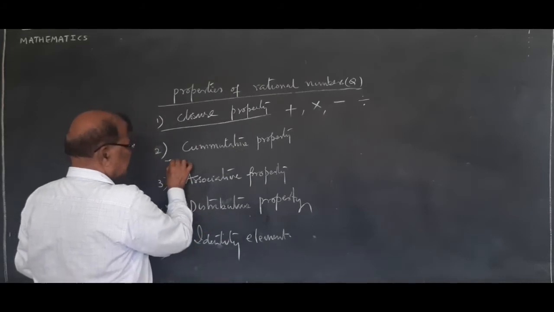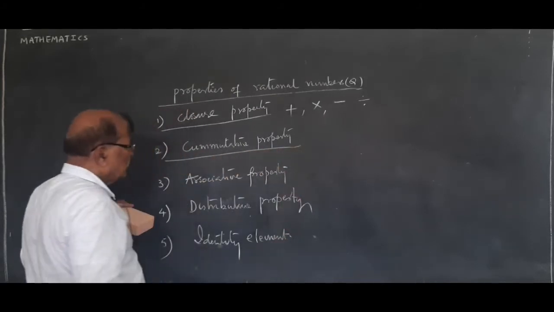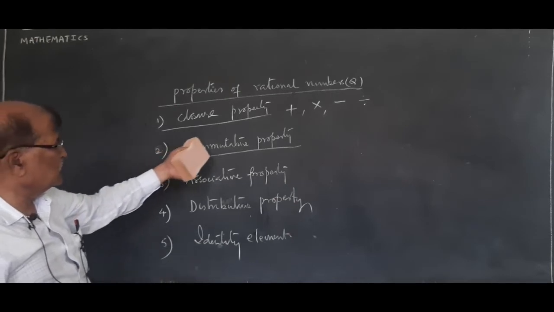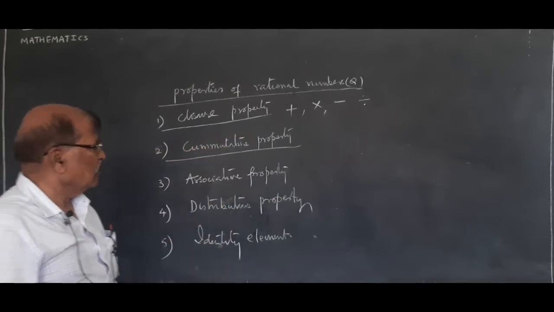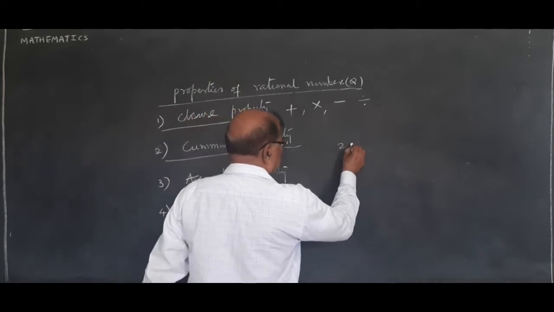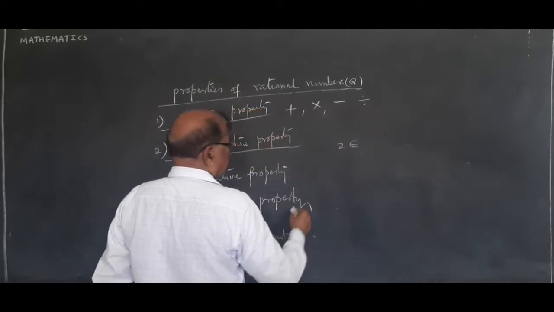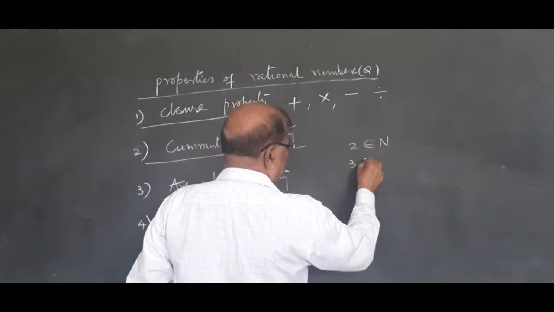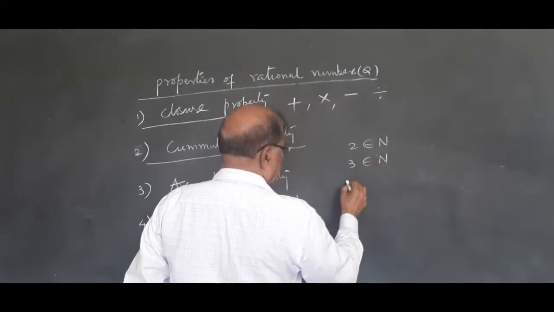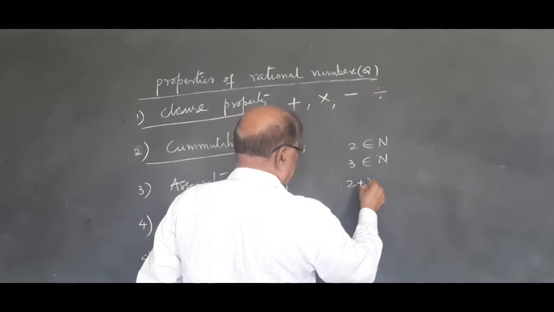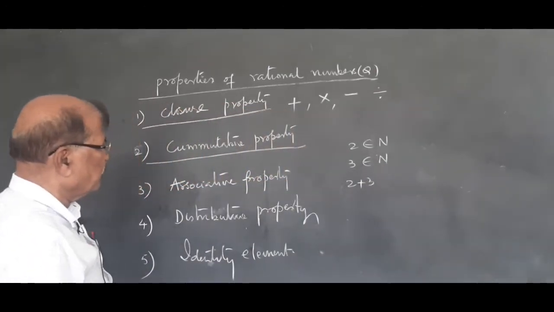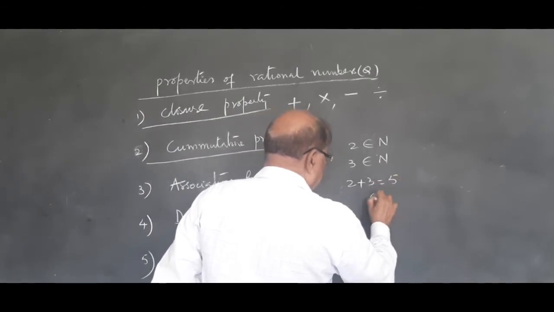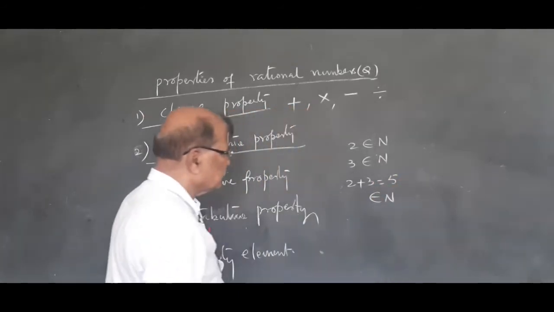commutative property. So I want to go back to natural numbers about this commutative property. For example, 2 belongs to the set of natural numbers. 3 belongs to the set of natural numbers. If 2 plus 3, the result is 5. 5 also belongs to the set of natural numbers.